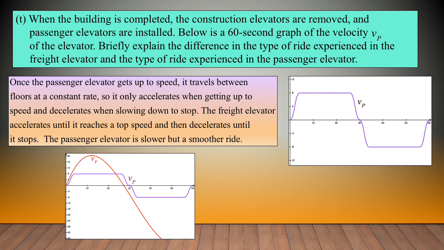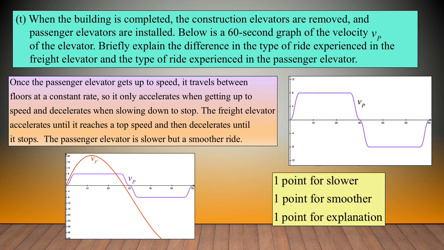It is clear that the passenger elevator is slower because its velocity is smaller in general than the freight elevator, but it is a much smoother ride. 3 points for this problem. 1 point for slower, 1 point for smoother, and 1 point for the explanation.